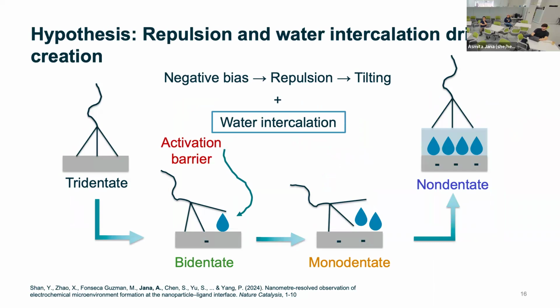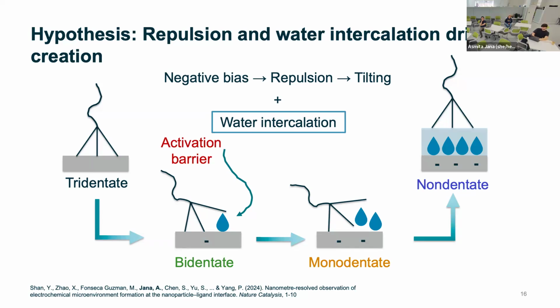Now, as soon as you start putting a little bit of negative bias, you're going to create the bidentate structure, because the oxygen in the ligand is negative and it's going to be repelled away from the negatively charged surface. So it's going to tilt a little bit away and create a little bit of a pocket where some water, because water is always present, is going to trickle in.